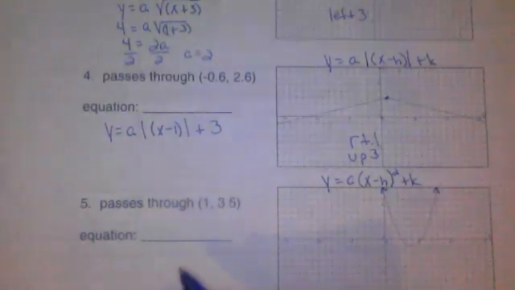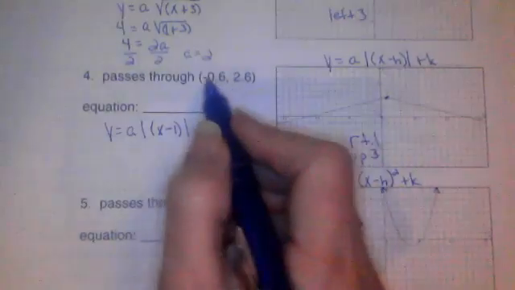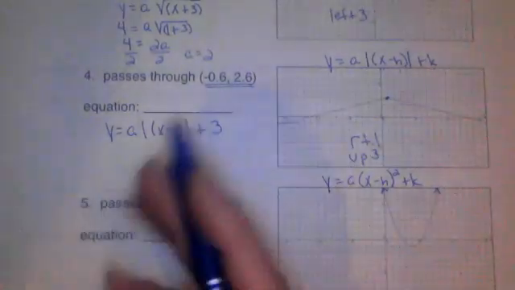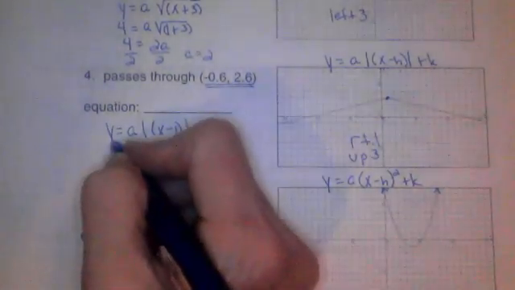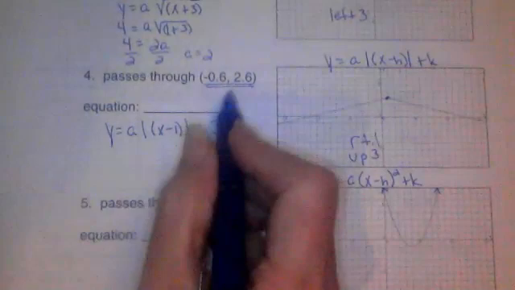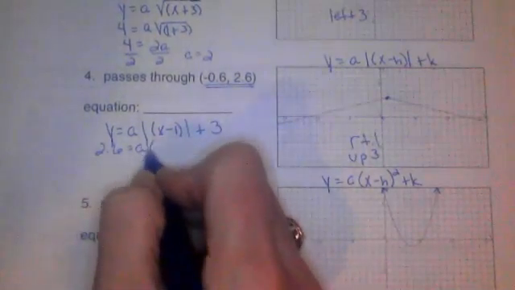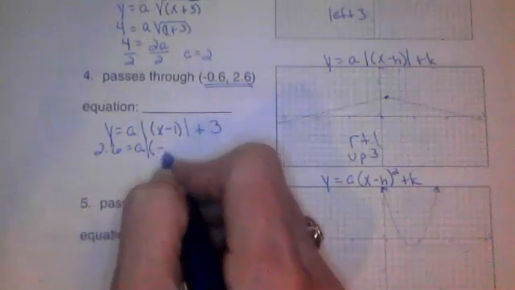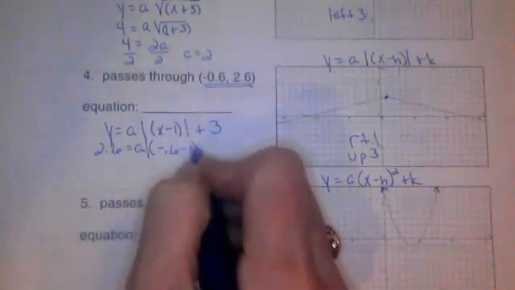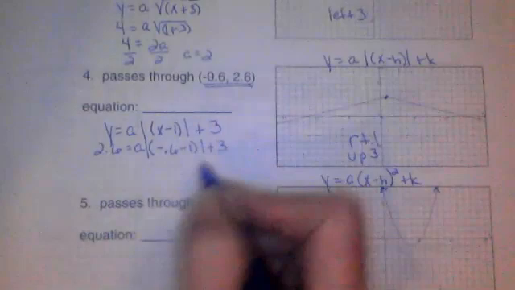All right, so this time they were not quite as kind to us with the numbers that they gave us for our point, but it still works the same, and if you have a calculator, you may want to grab it. We're going to put 2.6 in here for y equals a times the absolute value of negative 0.6 minus 1 plus 3.